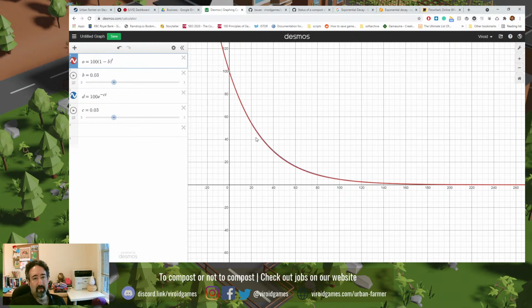If it's added 10%, it goes back to like 50%. Then it decays from 50%. You are temporarily resetting it, creating a bump here, and then it starts to decay from there.